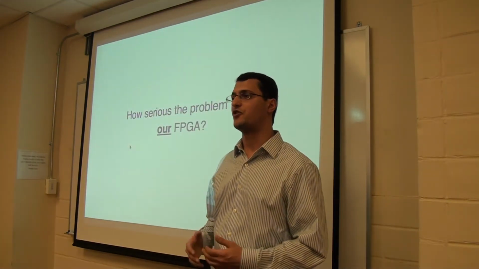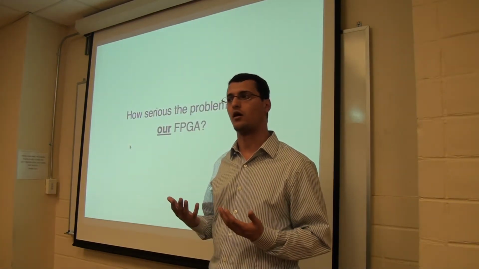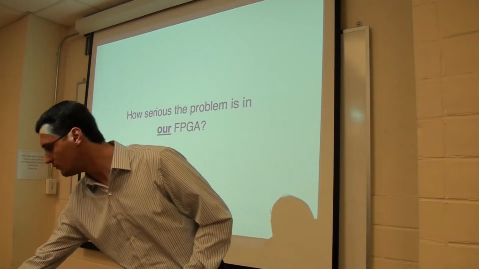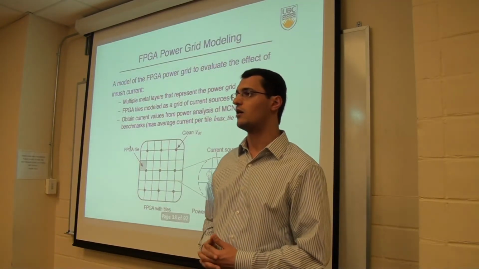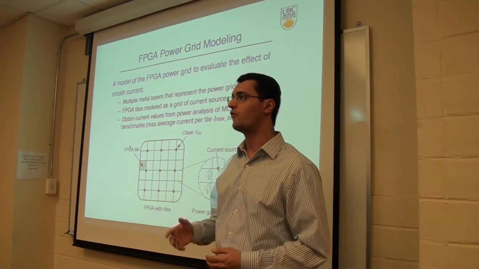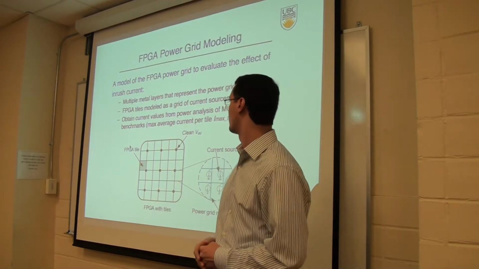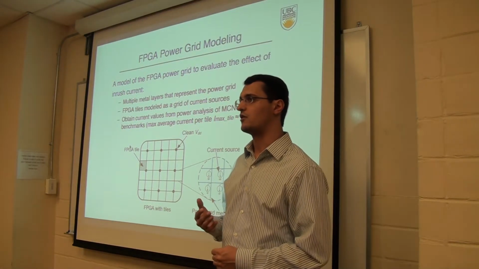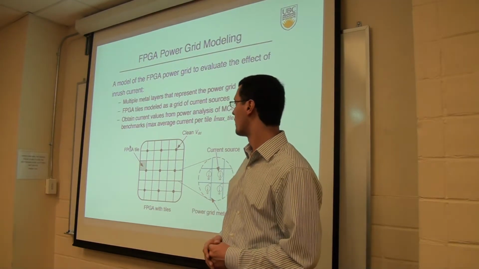Also, we studied the seriousness of this problem for our FPGA architecture, whether this is really a problem or not. To do this, we created a model of the FPGA power grid and architecture. The model includes multiple metal layers that represent the power grid of the FPGA.